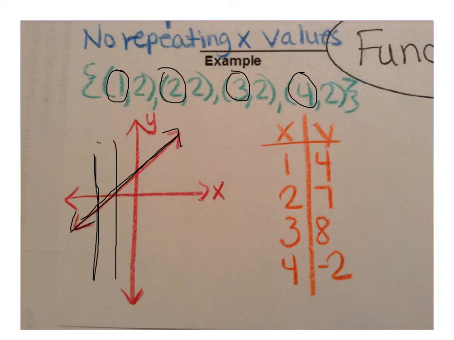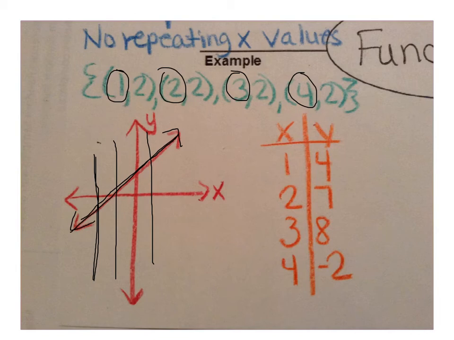Draw another one, it only crosses one point on that line. Therefore, it passes the vertical line test. If it passes the vertical line test, it is a function. You have to be able to draw a vertical line anywhere on the coordinate plane, and it only passes through the graph one time.